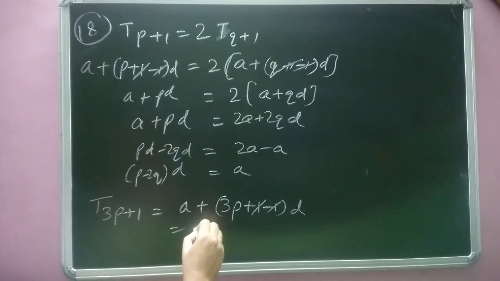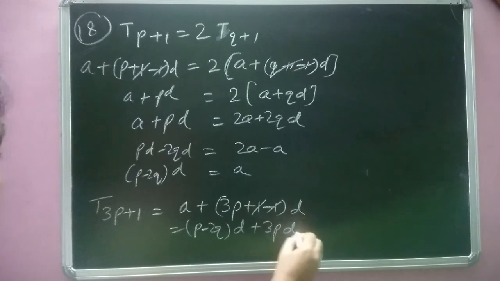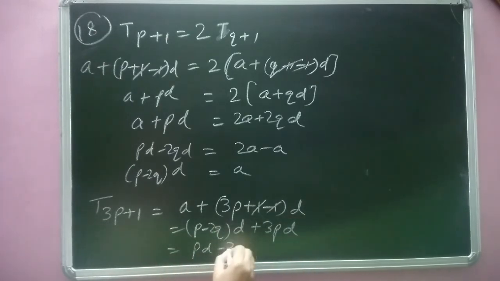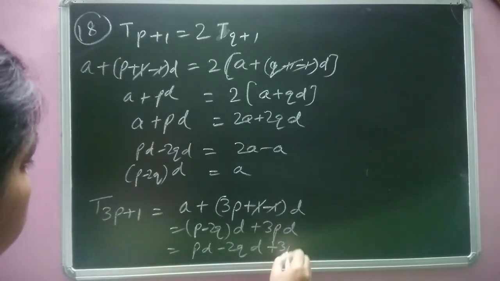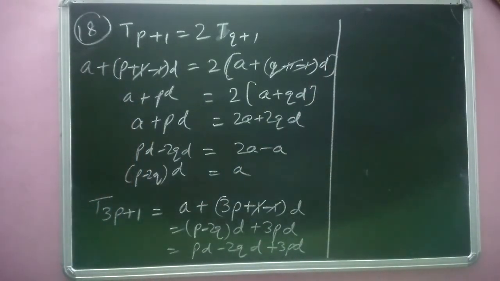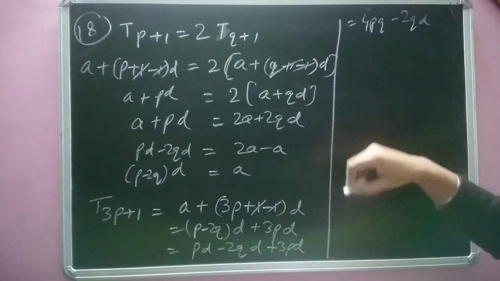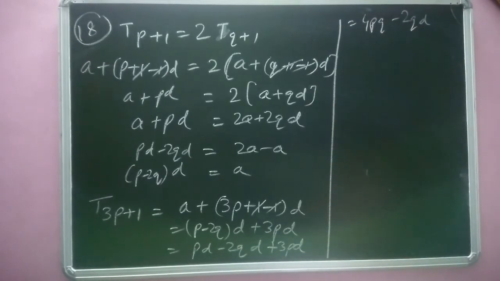A is (p minus 2q) into d plus 3pd. So this becomes pd minus 2qd plus 3pd. So finally you get here 3pd plus pd, that is 4pd, minus 2qd. So this is T(3p+1).